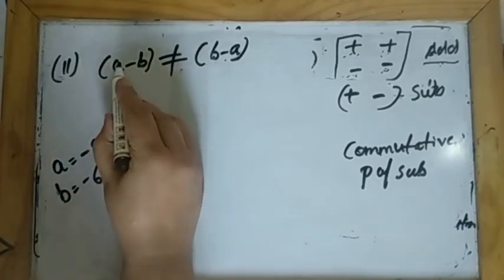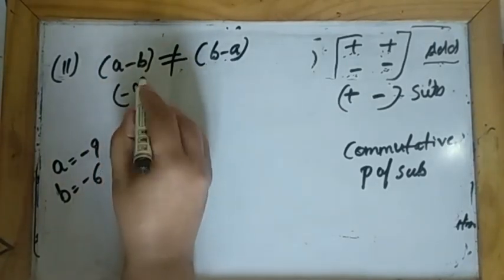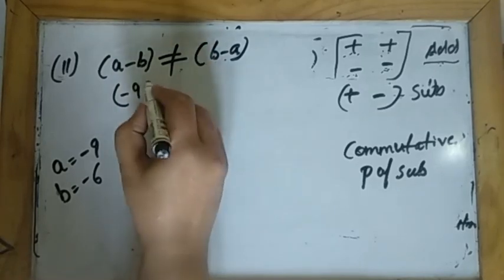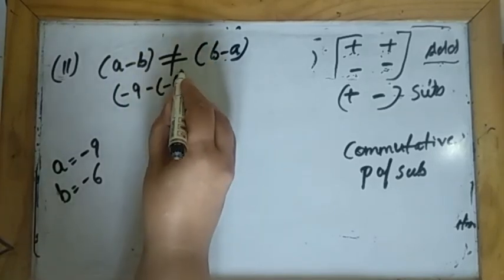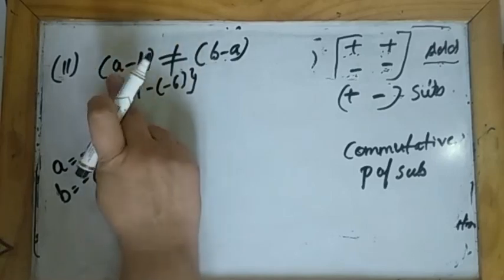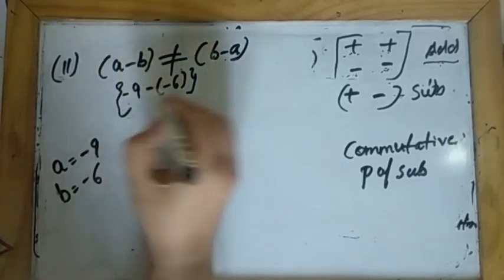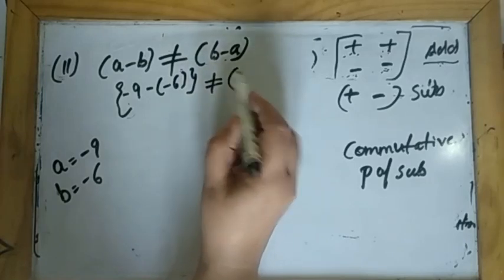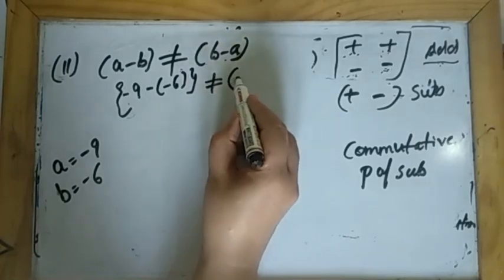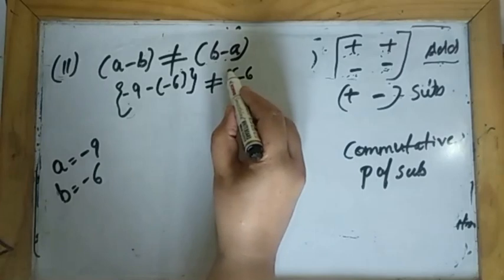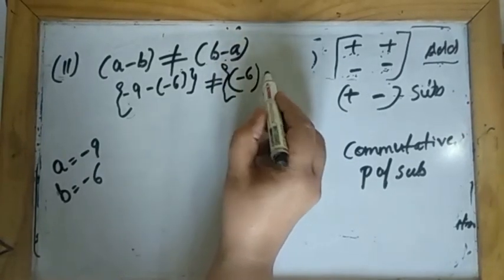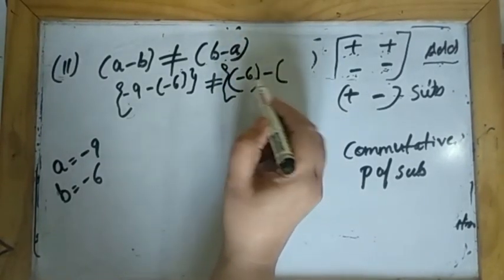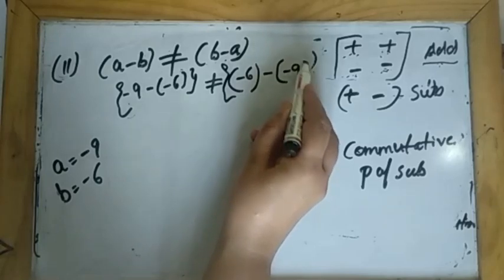So let me put the values minus 9 and minus, it's minus 6. So I will change this bracket into curly bracket. So I have to show that these two are not equal. Now B, what is B? It's minus 6, and I have to subtract A, it means minus 9.